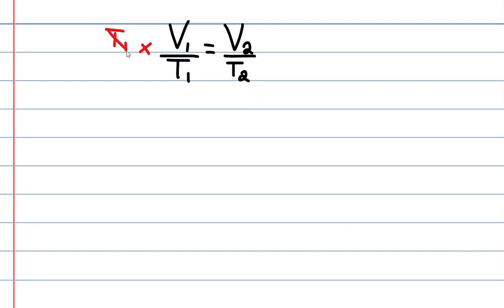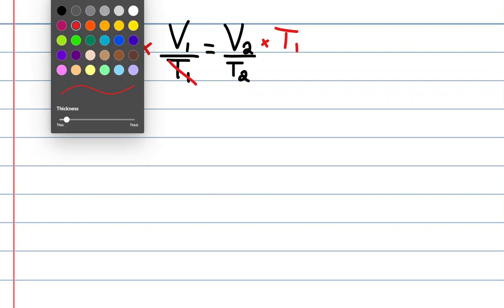So it's in the top, it cancels with the bottom, but whatever you do to one side, you have to do the other. So I'm going to multiply that side by T1 as well. By multiplying both sides by T1, we've canceled out T1 on the left-hand side, and it's been moved up to the top on the right-hand side.